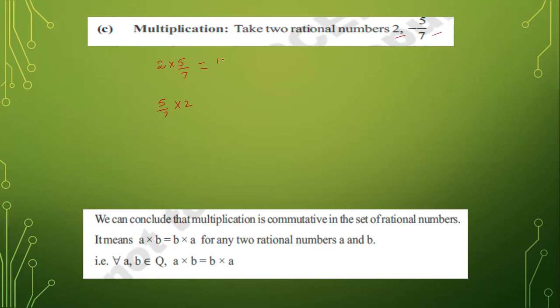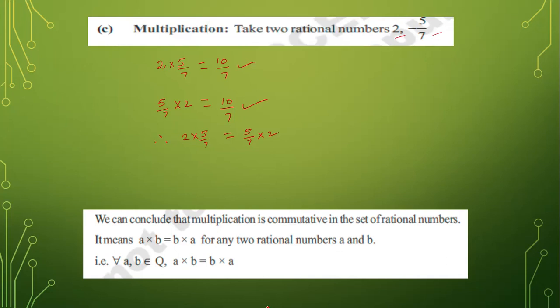Here 2 5s are 10, by 7. In the second instance, 5 2s are 10 by 7. In both cases, we get the same result, 10 by 7. That means for any two rationals, 2 into 5 by 7 is equal to 5 by 7 into 2.